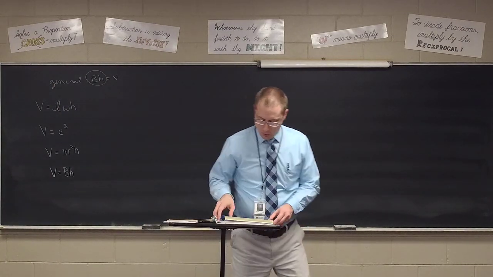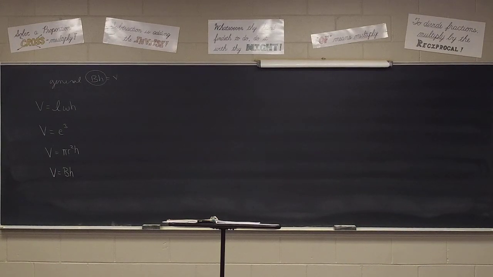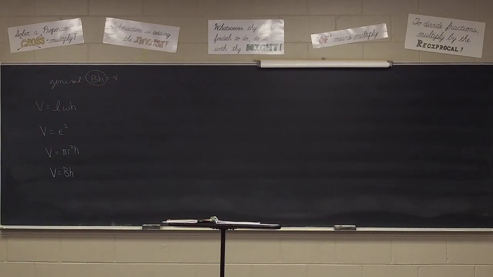So for number 1, we have a rectangular prism, a box here. And what did you get for the volume of this enormous box? 2,940.